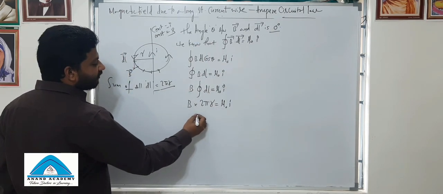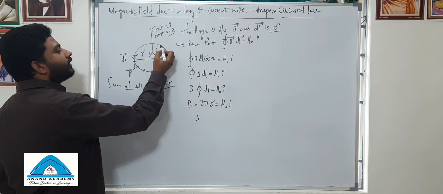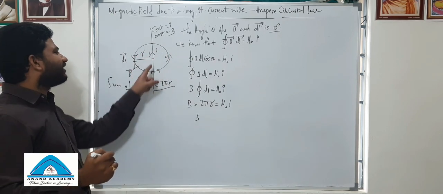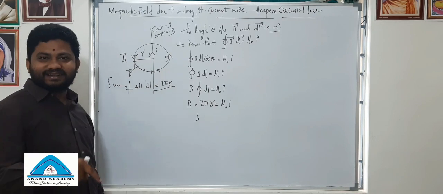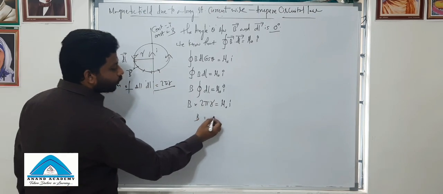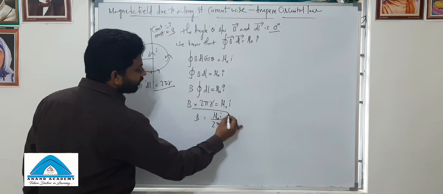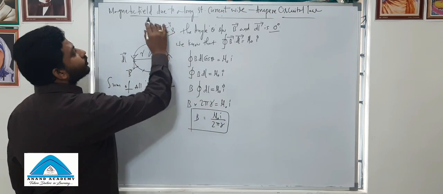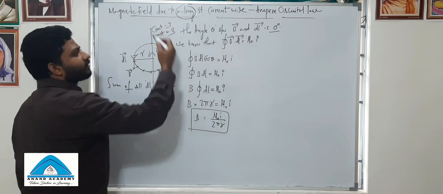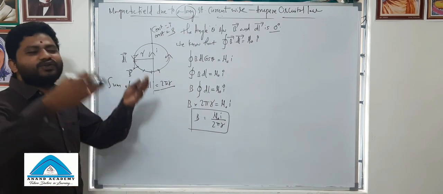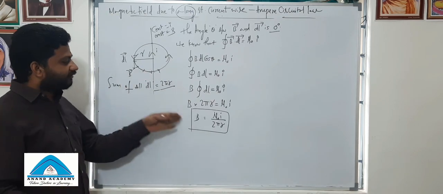So the magnetic field at any point here or here, at a distance r on the concentric circle, is equal to mu naught I by 2 pi r. So this is the magnetic field due to a long straight current carrying wire by using Ampere's circuital law, and by using the Biot-Savart law also we have got the same.